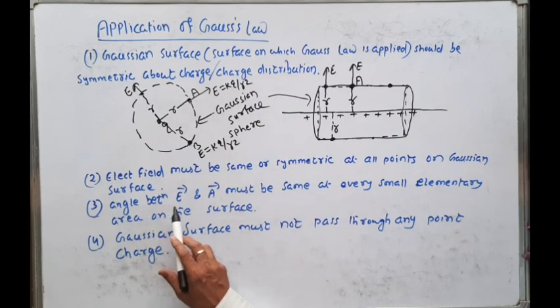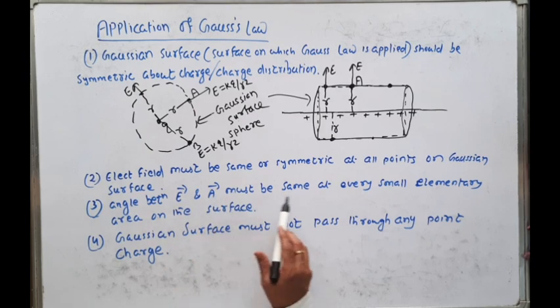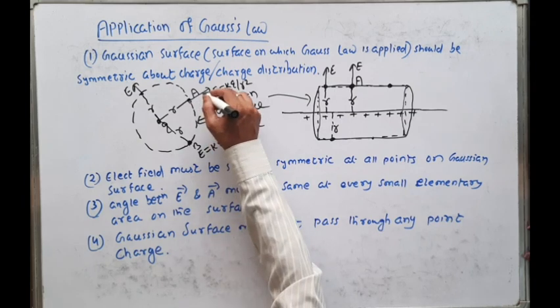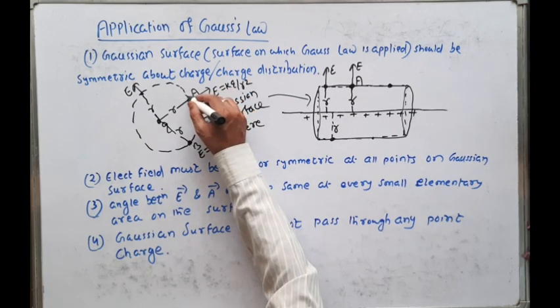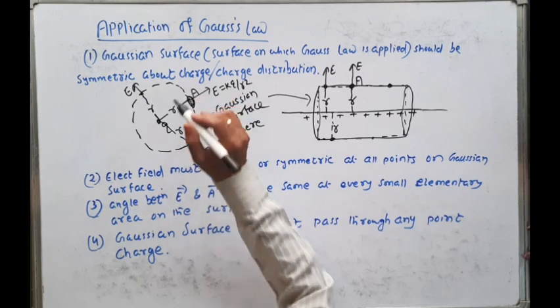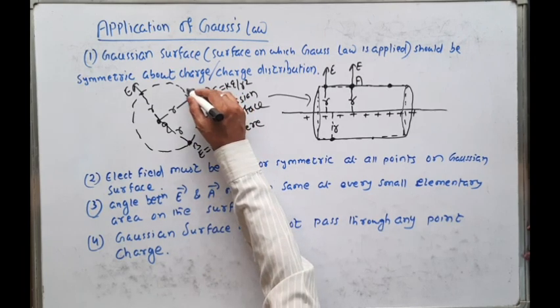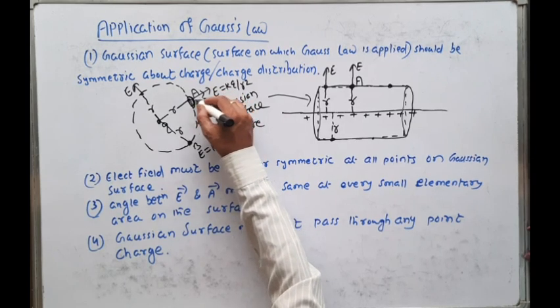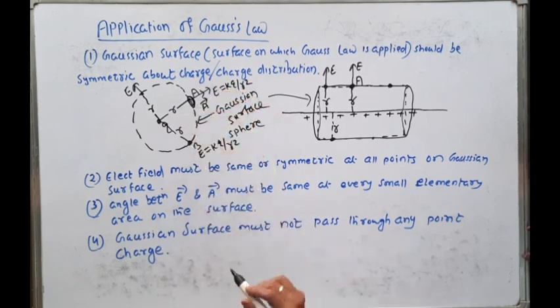Next, the angle between the electric field and the area vector must be the same at every small element of area on the surface. If I take a small element on the surface of the Gaussian sphere, what is the area vector? The area vector is always outward. So here the angle between the area vector and the electric field is 0.